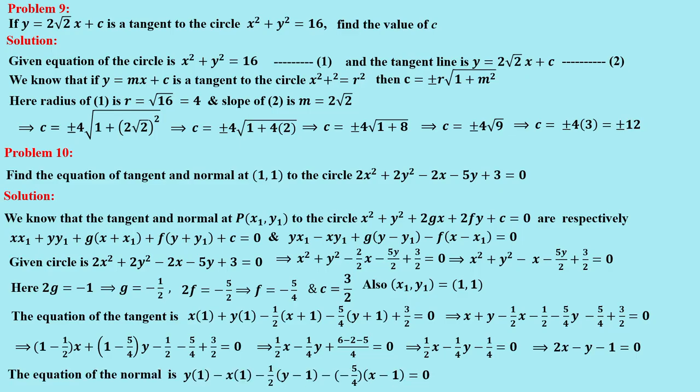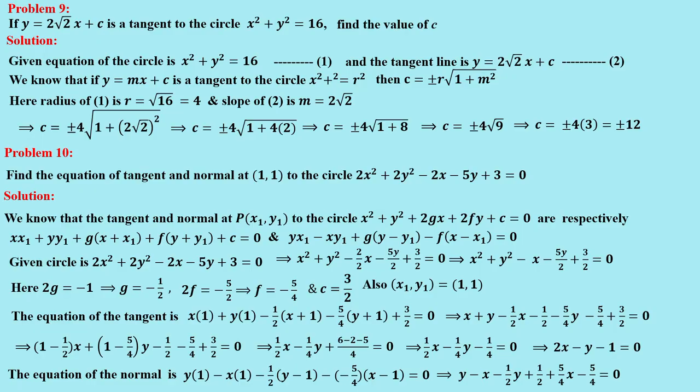Now the equation of the normal is, using the formula, y minus y1 into 1 plus g into x minus x1... that is, minus 1 by 2 into y minus 1, then minus f, minus 5 by 4 into x minus 1 equal to 0.